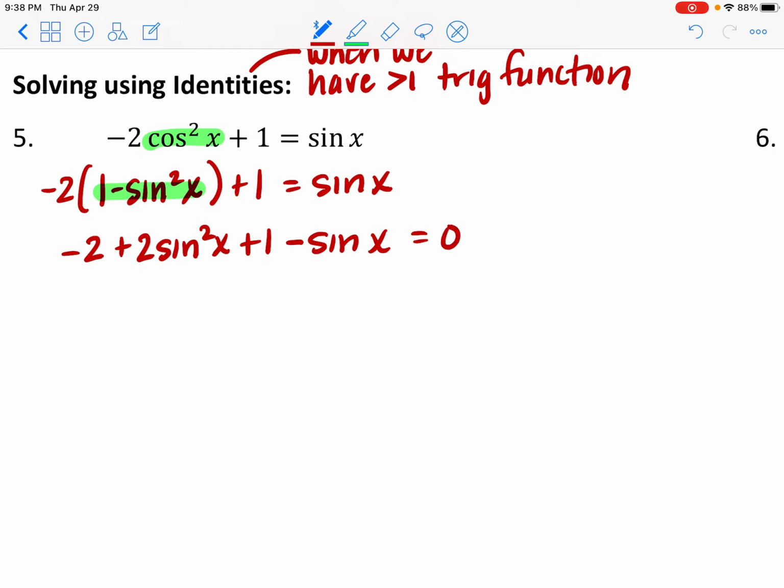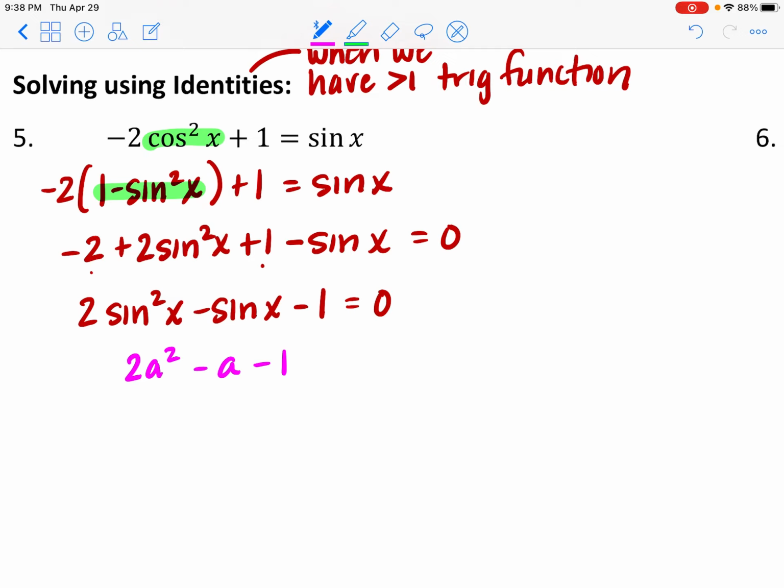And now I'm going to put it in order and combine like terms. So I have 2 sine squared x, and then a minus sine of x, and then a -2 and a positive 1 makes a -1 equal to 0. And just because it's hard to see sometimes trying to factor from this form, think about this as 2 times a squared minus a minus 1.